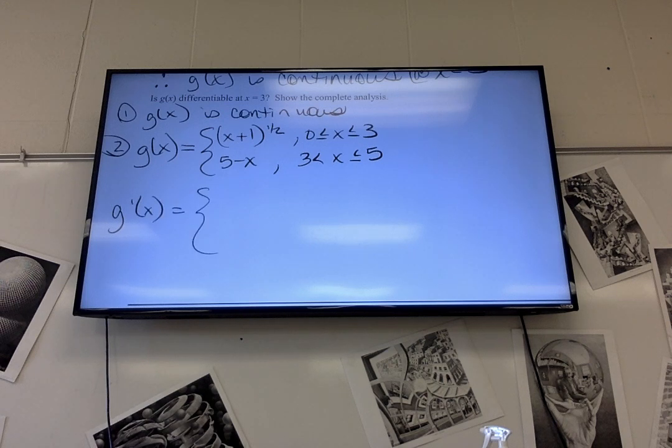So to take the derivative, I just take the derivative of each of those. That would be 1/2 x plus 1 to the negative 1/2, technically times 1. And it's still from 0 to 3.